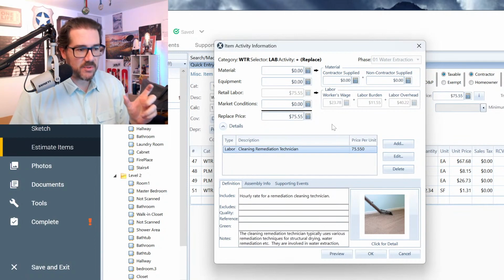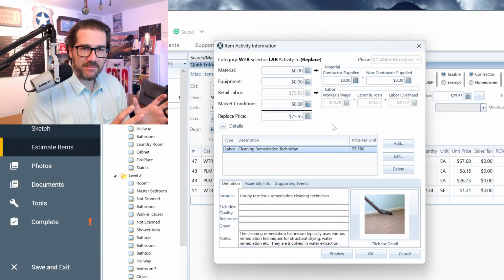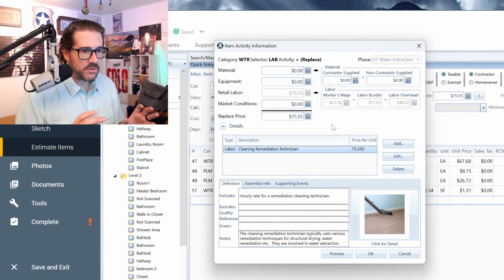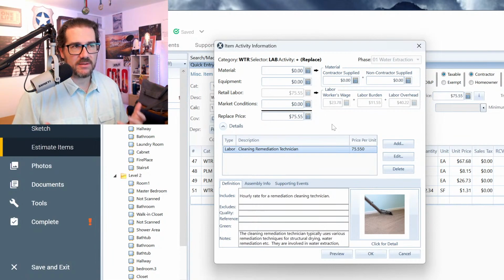It's a difference between the wholesale rate for that labor and the retail rate. So this is what gave me pause when I took the class. I had a moment. I was like, oh shit, I'm teaching people incorrect. I was going about this whole thing incorrectly.